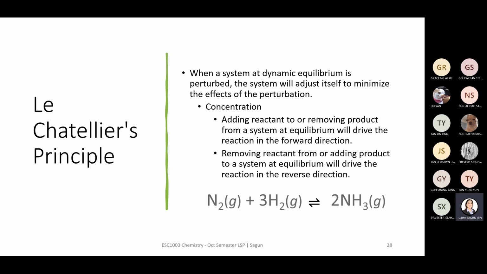The system will adjust itself to minimize the effect of the perturbation or any stress that you give to the equilibrium reaction. So let's say I increase the concentration of reactants. From a system at equilibrium, it will drive the reaction forward.